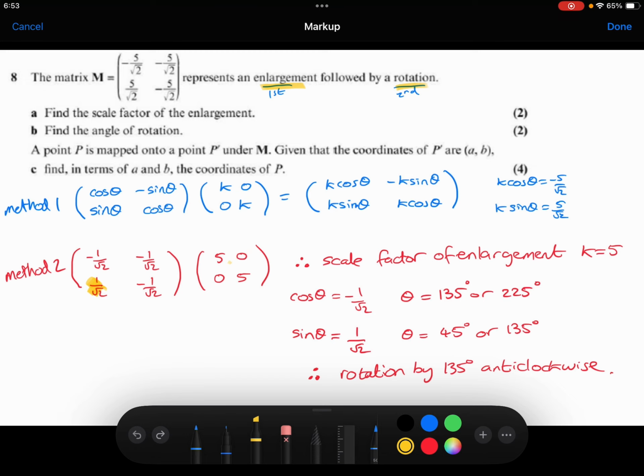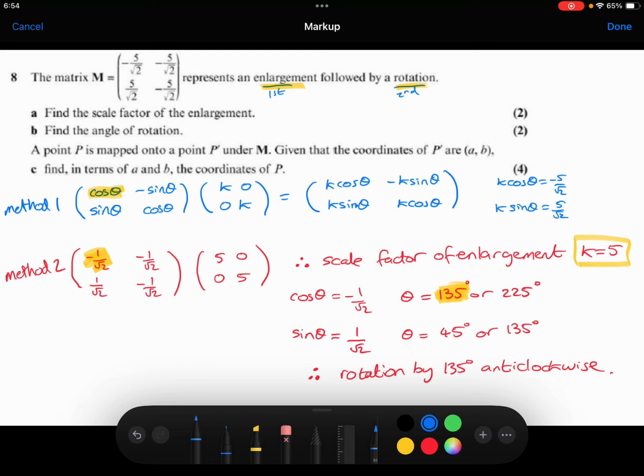So therefore, just by inspection, I can say that my value of k, and therefore the scale factor of enlargement, is 5. And I can also compare and say that cos theta needs to equal minus 1 over root 2, which when I do cos inverse gives me 135.